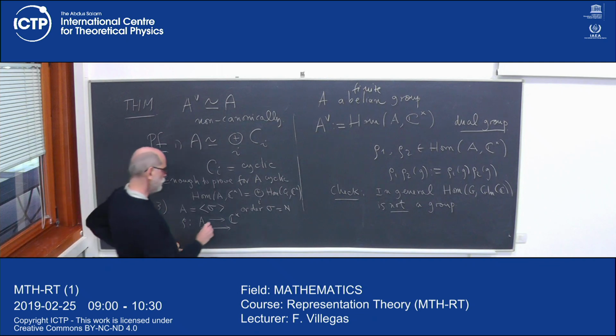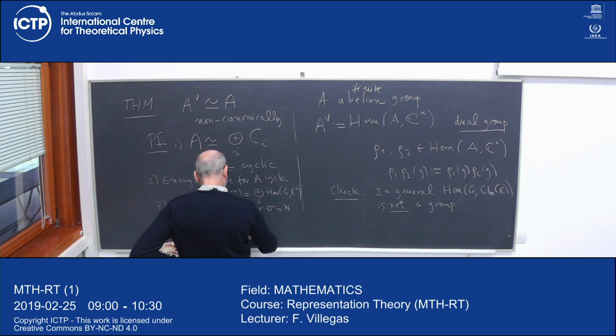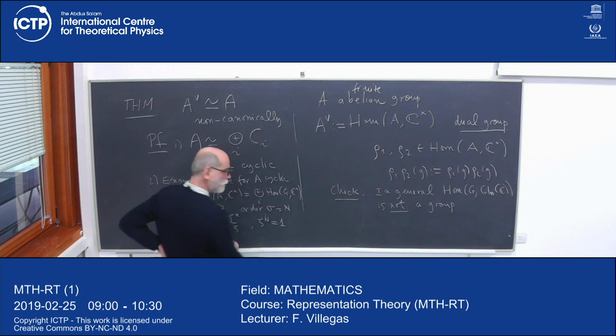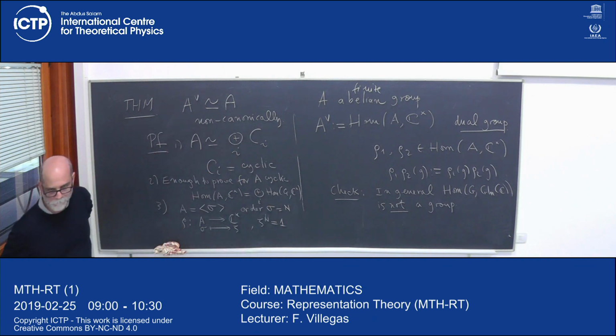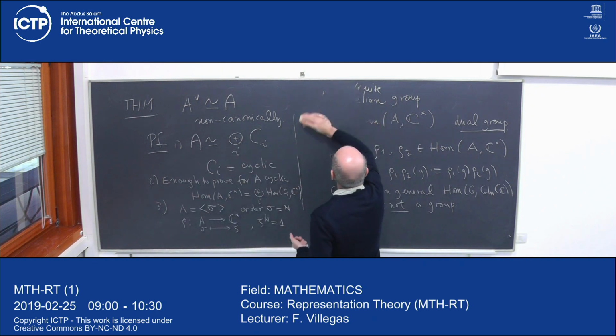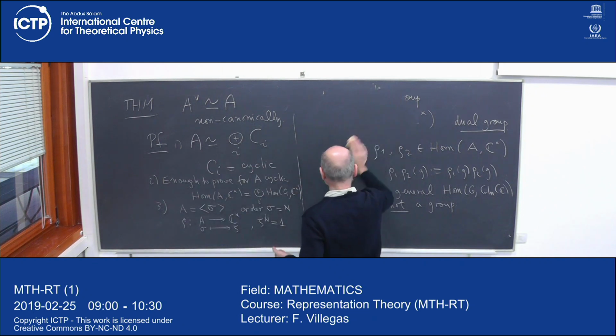So I can send it to any zeta, a complex number whose nth power is 1. I have n choices for those zetas, and n is the size of A, and that tells us that this is in fact a bijection.